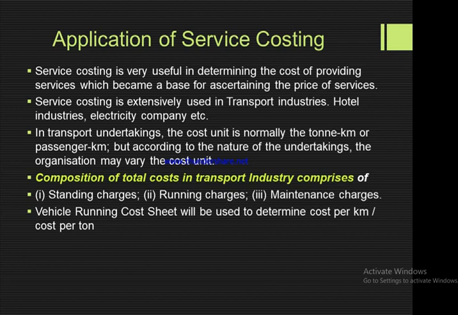And the maintenance charges are in terms of the repairs and maintenance, upkeep of vehicles, and some amount of internal maintenance, for example brakes and other components which are damaged and need to be repaired. So the vehicle running cost sheet is used to determine the cost per kilometer or the cost per ton once a vehicle is actually on the task.